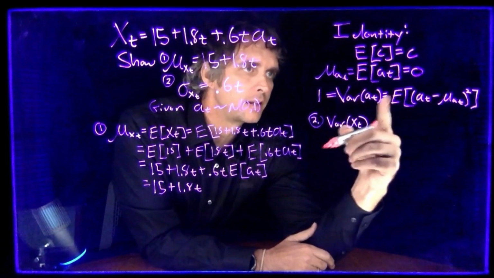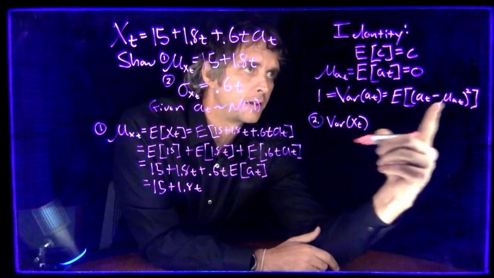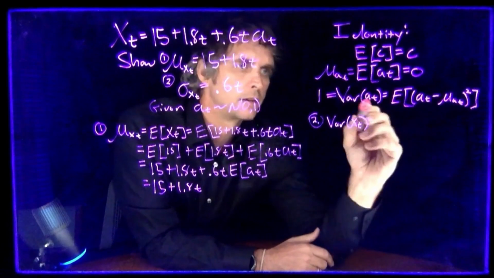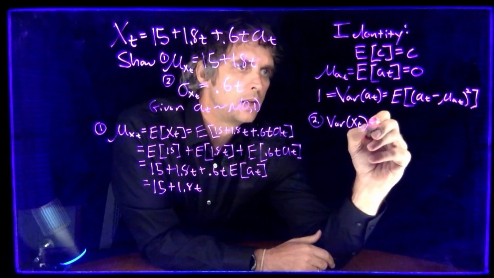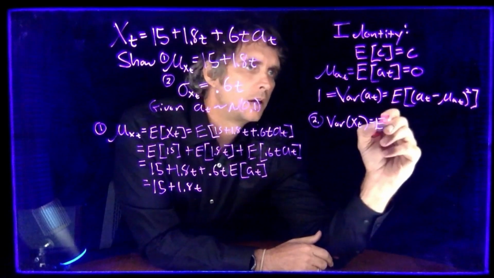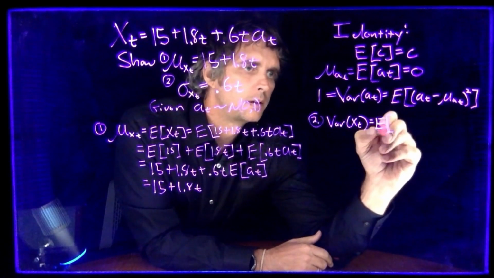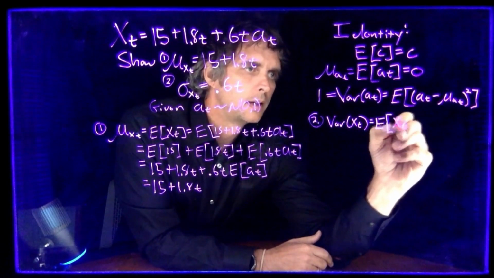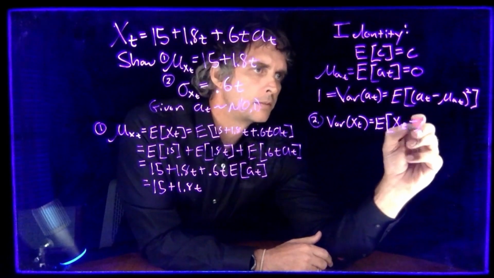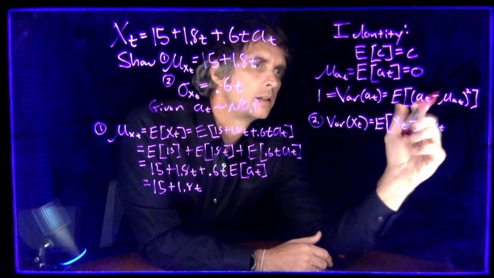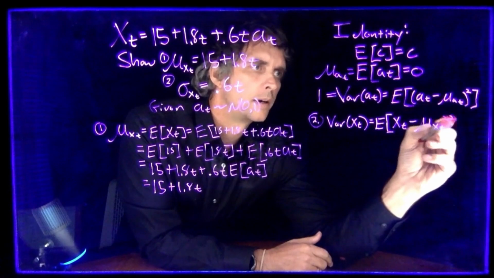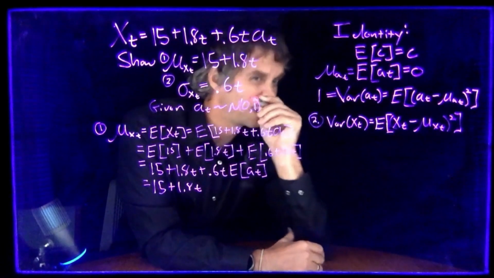The variance of anything equals the expected value of that thing minus the mean of that thing squared. So this will just be equal to the expected value of xt minus mu xt squared, and that's what it equals.